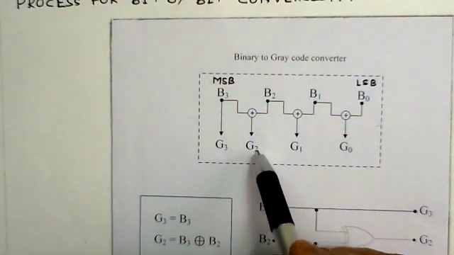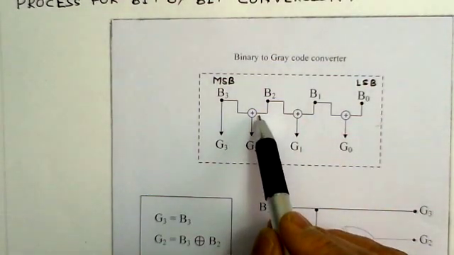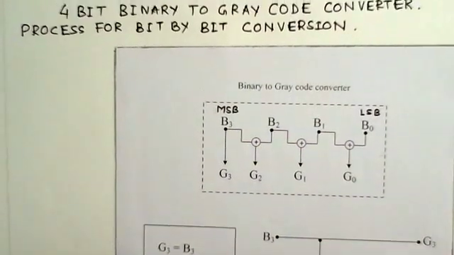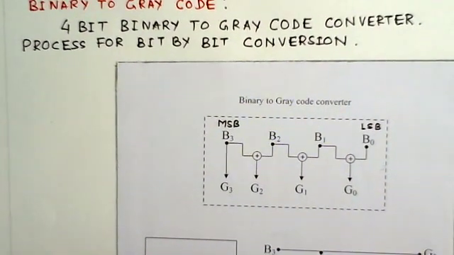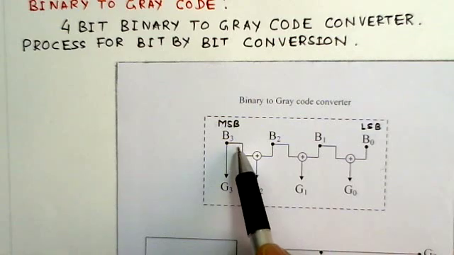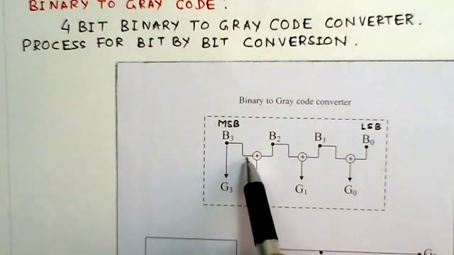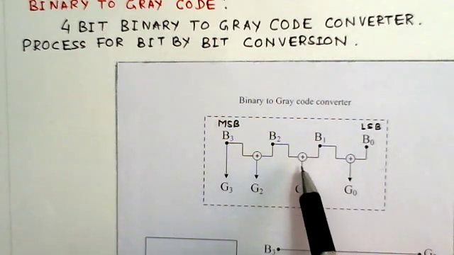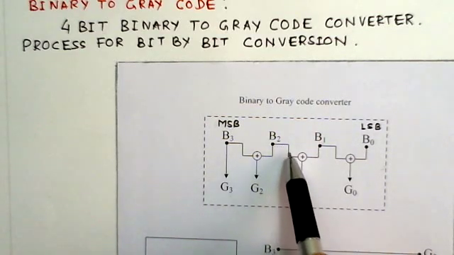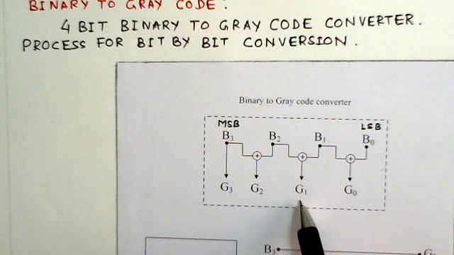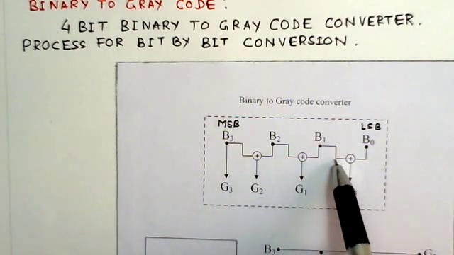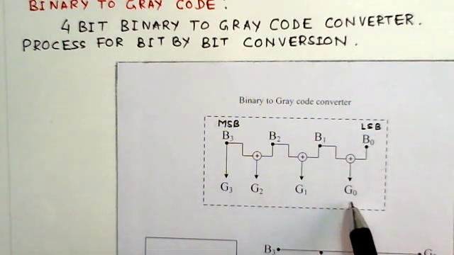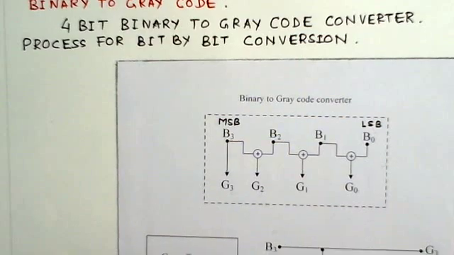To generate G2, we take the exclusive OR of B3 and B2. Similarly, B2 exclusive OR B1 will generate G1, and B1 exclusive OR B0 will generate G0. This is the way you can generate the corresponding code.